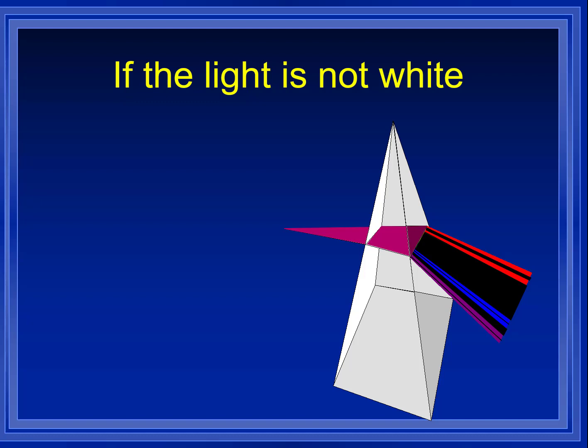If I put red food coloring in front of it, it takes away the other side of the rainbow, the blue and the purple. And red's right in the middle of that.